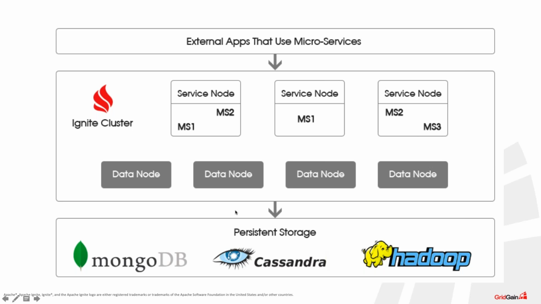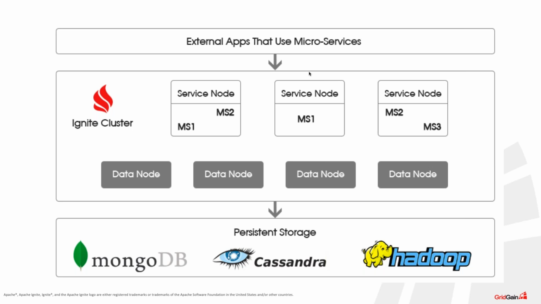Below the cluster, if you need persistent storage, you can easily connect your data nodes to a storage of any kind, like a relational database or a NoSQL database like MongoDB or Cassandra, or whatever you like. And finally, once your cluster is up and running and your persistence is ready, you need to talk to your cluster by means of your applications.